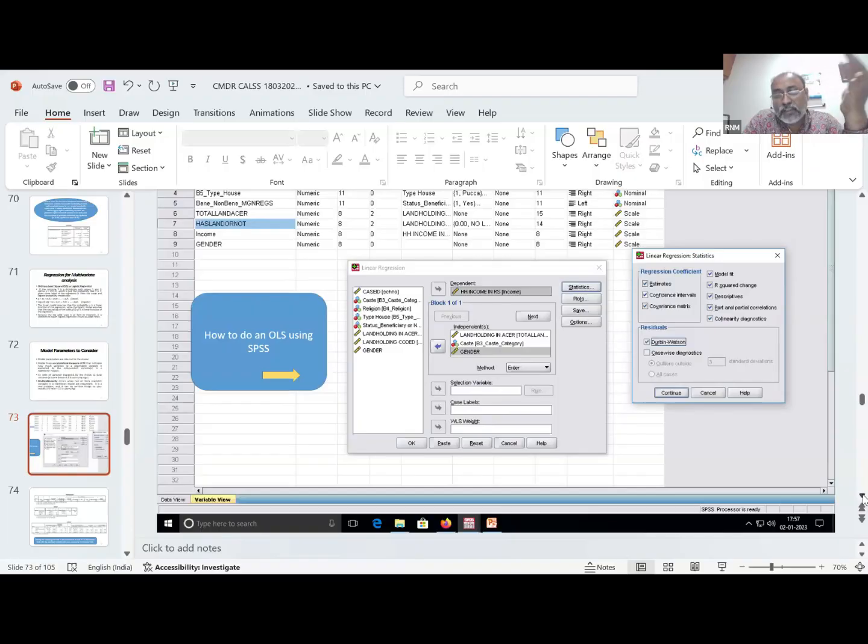So you code the variables, you code the household income and you code the land ownership, then you run a binomial logistic regression controlling for gender and other variables. These two will give you some result, and we cannot say these are wrong findings.